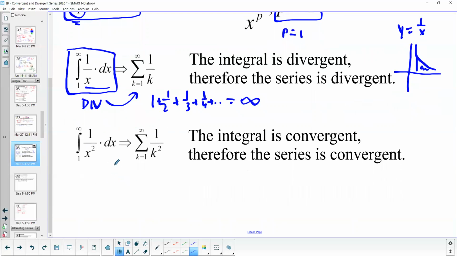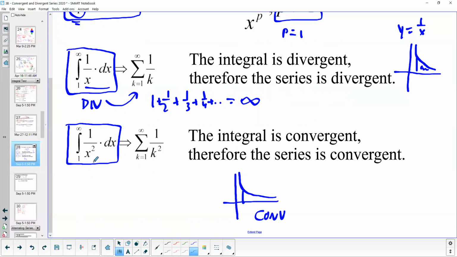We then kicked up to the next integer exponent. We said that if it's 1 over x squared, the graph looks very similar, but it has some shape differences: it gets closer to the x-axis faster, and we found that 1 over x squared does converge.